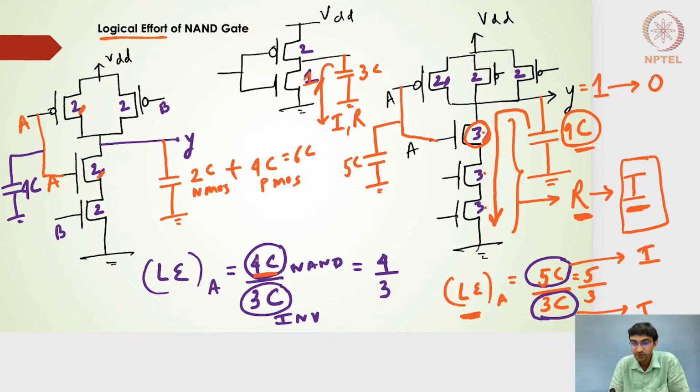So my logical effort will be 4C divided by 3C, that is 4 by 3. What it also says is the logical effort for a 3-input NAND gate is more than the logical effort of the 2-input NAND gate. And it is quite obvious: for a 3-input NAND gate I need to size it up 3 times here, and for a 2-input NAND gate I need to size it 2 times. So its input capacitance will be 4C. Here the input capacitance is 5C.